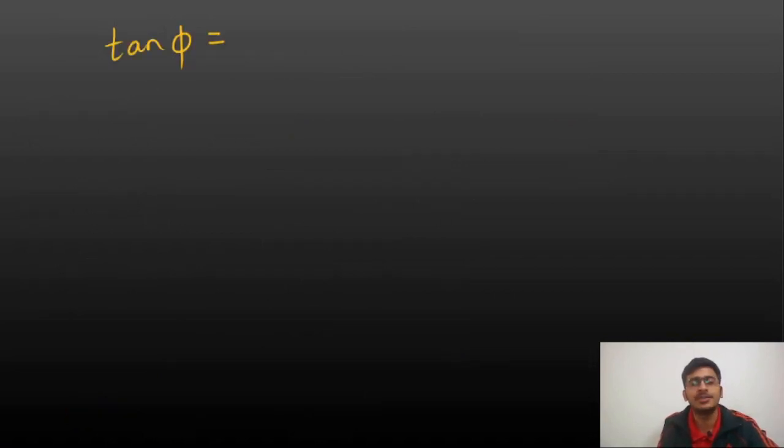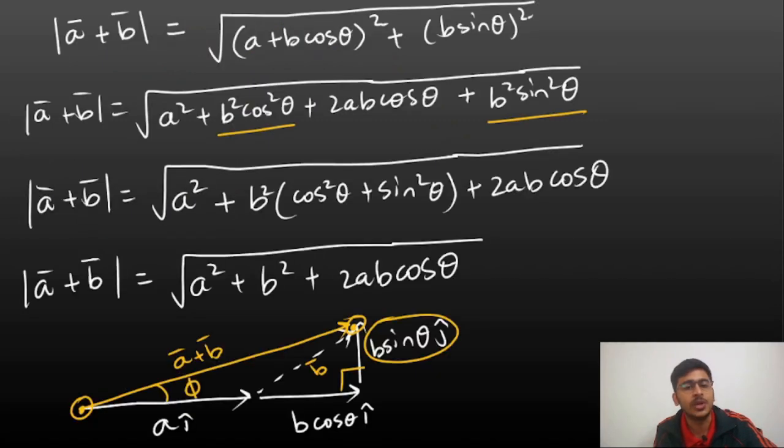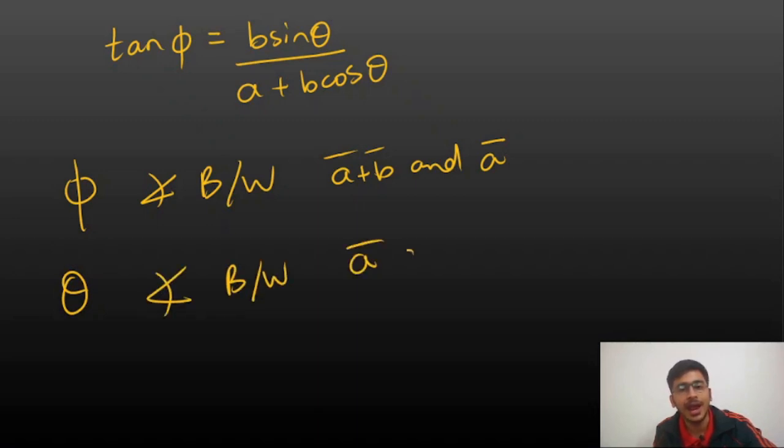So tan phi is b sin theta upon a plus b cos theta. Note that phi is the angle between a plus b and a, and theta is the angle between a and b. Don't get confused with this theta and this phi.